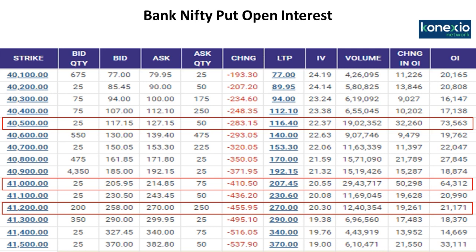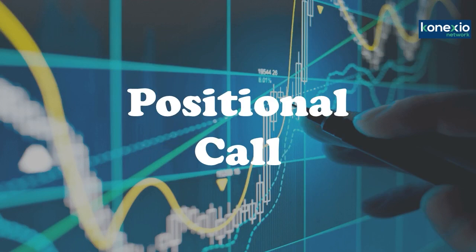So, friends, let us come to the final segment of our show, which is the positional call. I've identified one stock from the midcaps segment. The name of the stock is ASTRAL. Let me go to the daily charts. Now you can see this is the chart of ASTRAL.